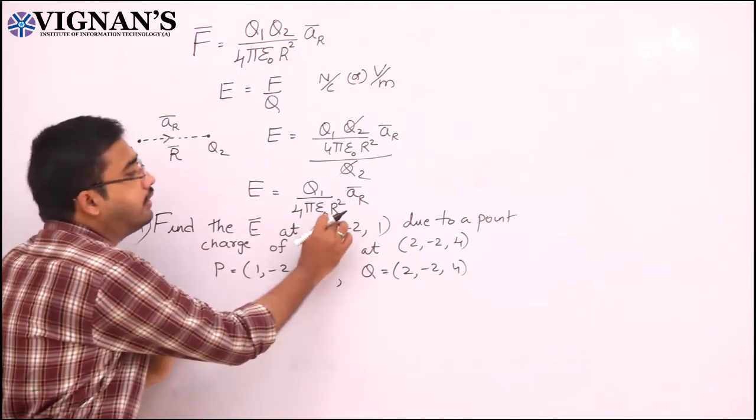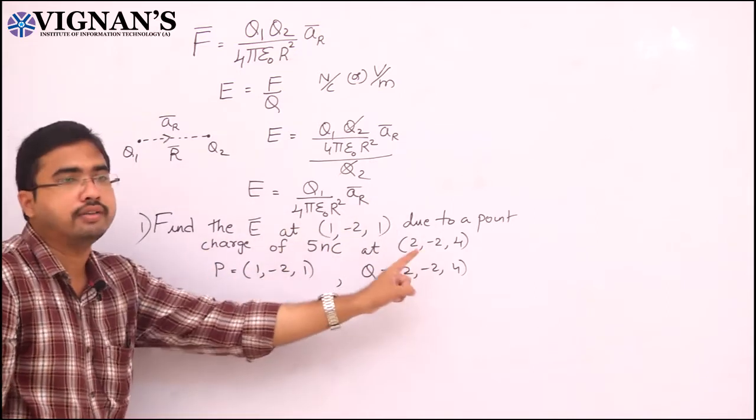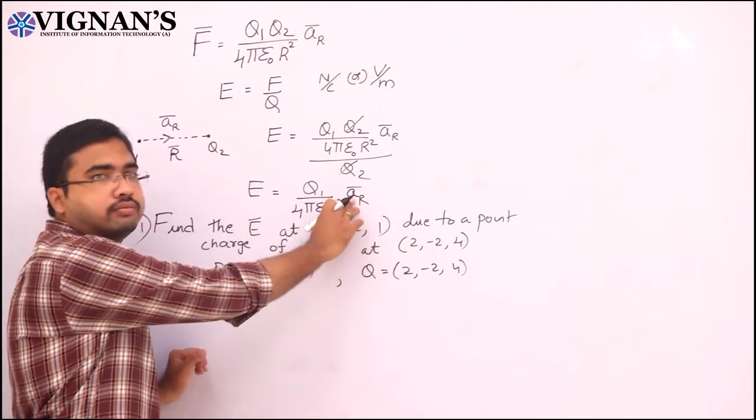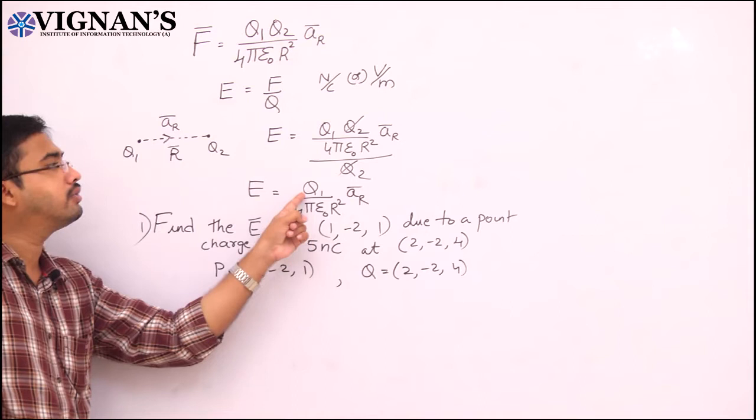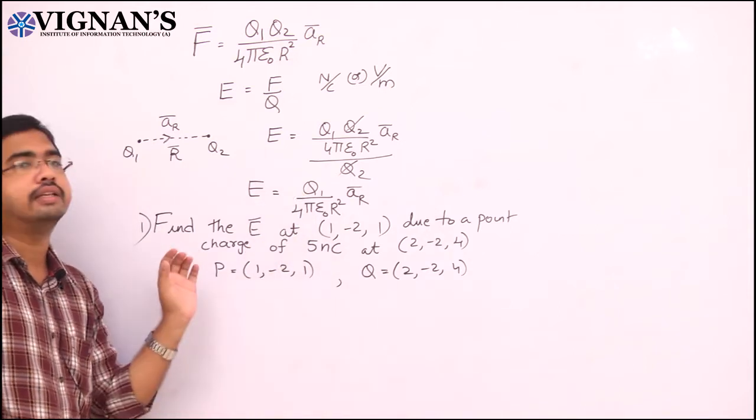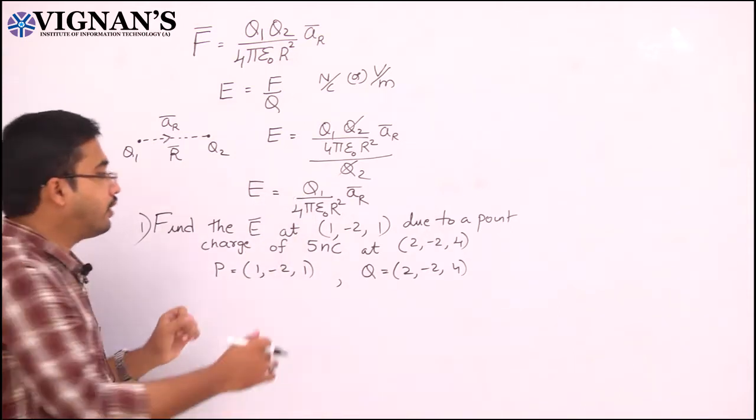So we need to find the distance between these two points and also the unit vector. If we find these two, then we can directly substitute all the values in this formula and calculate the electric field intensity.